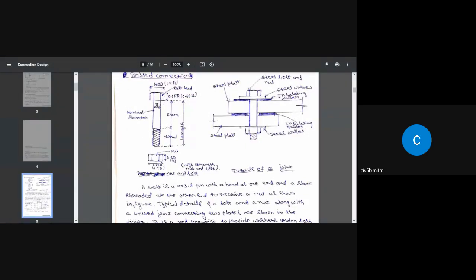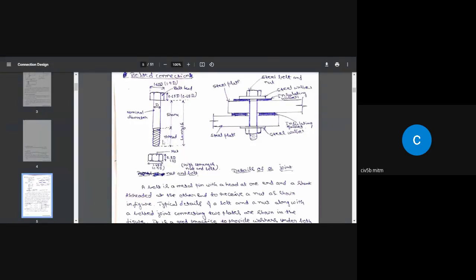This is the shank area where the area of cross section does not get reduced as a result of the thread. The area of cross section is given by pi by 4 d square. When you come to this part, this is called the threaded area. Here the area of cross section gets reduced.